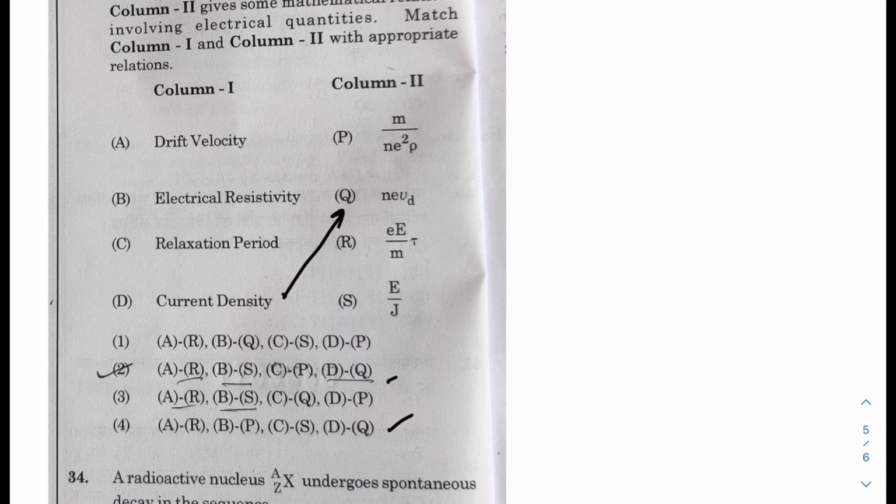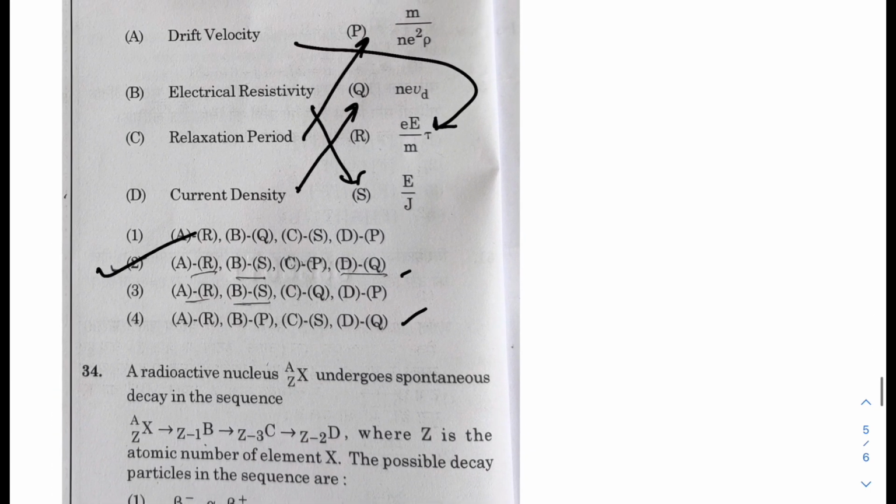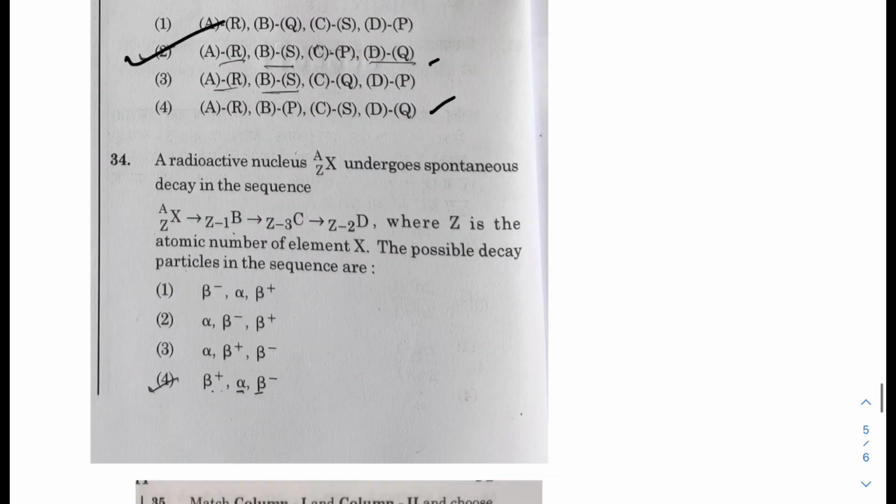E equal to rho J, basically E by J is resistivity, so B is S. So we can take it from here also, the second option, and that means C is P, that was the relaxation period time. And the drift velocity, yes, it equals E by m tau. So now we are sure, 33 is second.